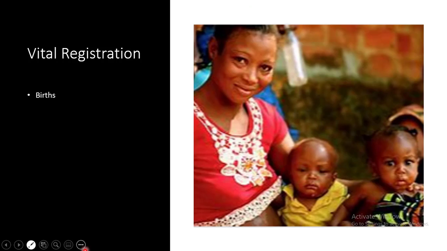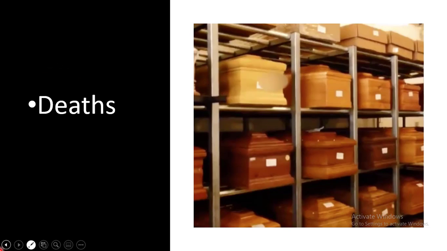But if the number of births is few, the population may not increase. And again, the total number of births will also determine the number of schools you're going to plan for the populace. So right here, you could see that if you have so many births, it affects educational planning.